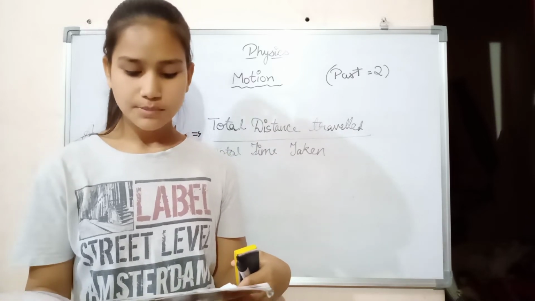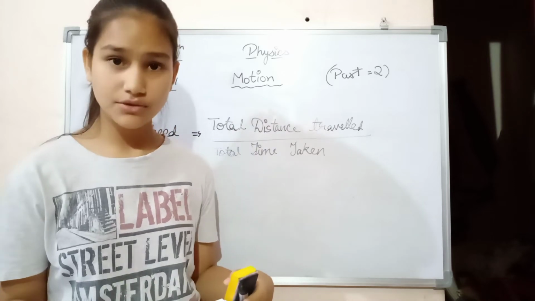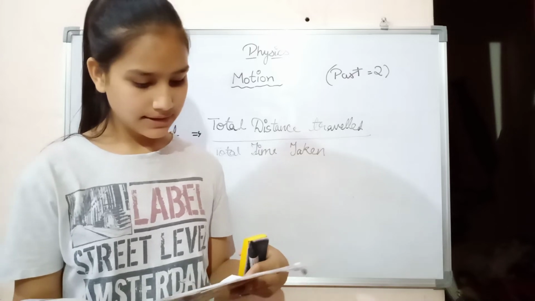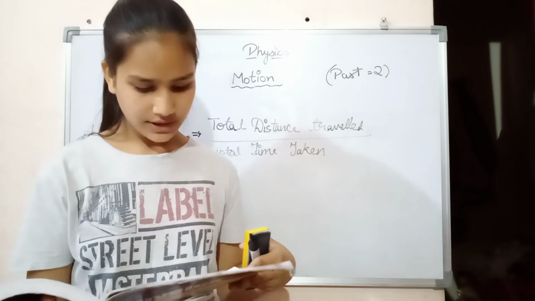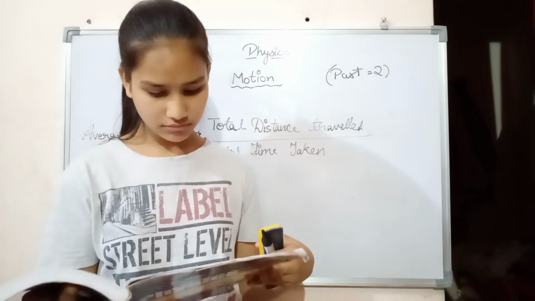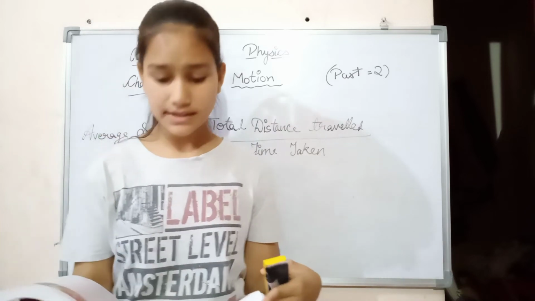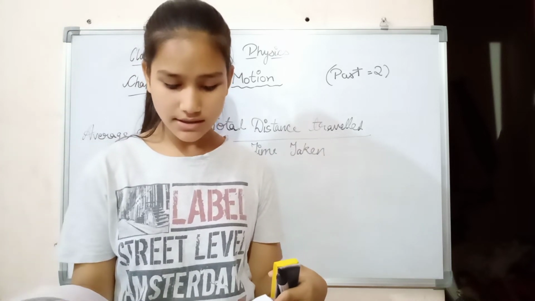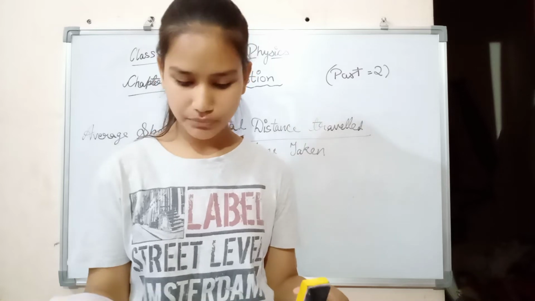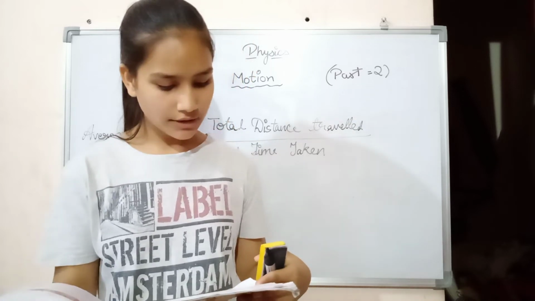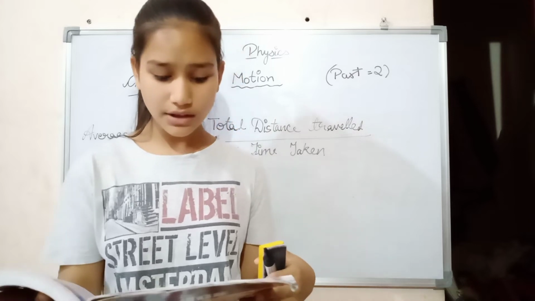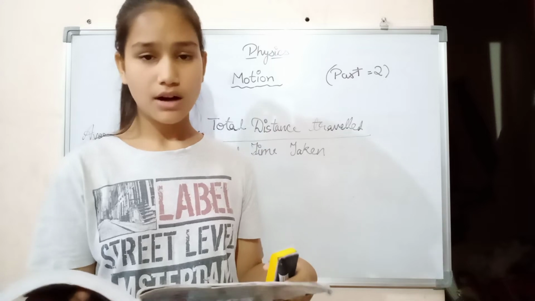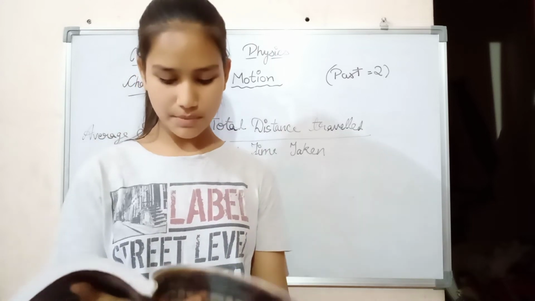Thus, the speed of the body is usually not a constant or uniform value. Distance traveled divided by time gives us the average speed during that time. For example, for a car which travels a distance of 100 km in 4 hours, the average speed is 100 upon 4, which is 25 km per hour.